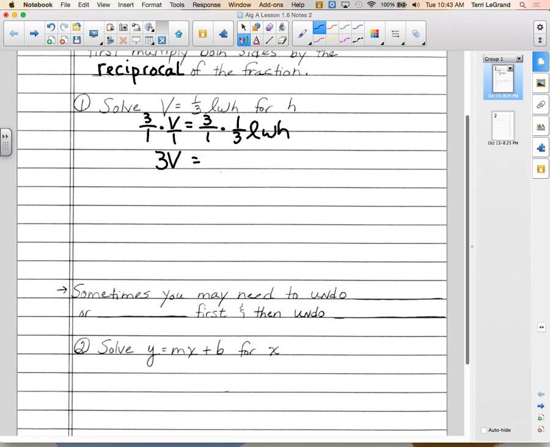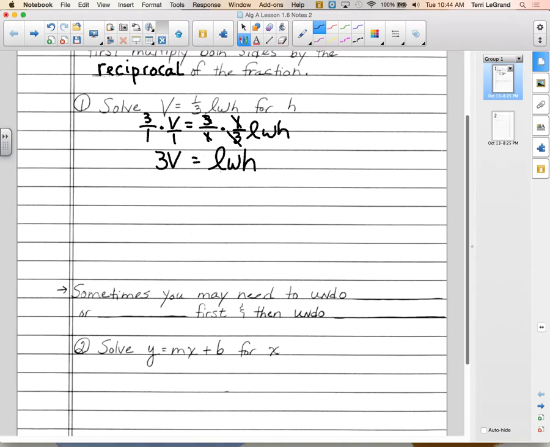What happens on the right side when we do this? Okay, so these 3s cancel each other out, and these 1s cancel each other out. And we really have a 1, because when everything cancels out, we have a 1. So we have a 1 LWH. Do we need that 1 there? No, we can just write it LWH.